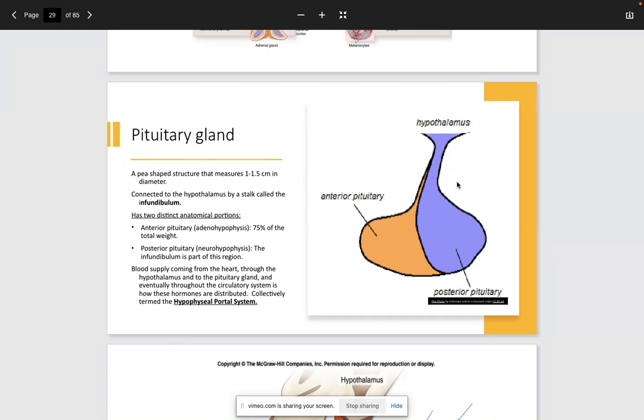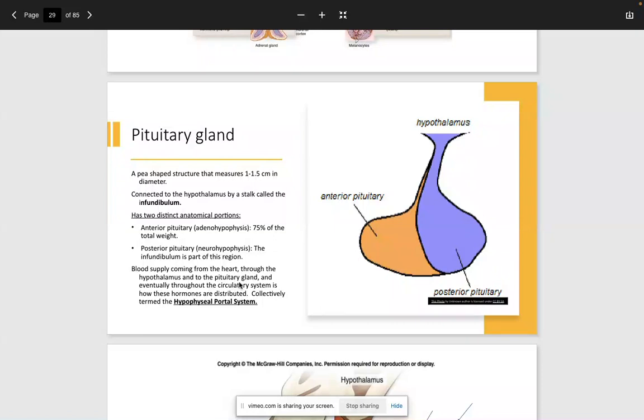This little stalk right here is called the infundibulum, and this is what connects the hypothalamus to the anterior and posterior portions. I said that 75% of the total weight is in the anterior portion. The infundibulum is part of the posterior pituitary portion. This hypophyseal portal system is the blood supply coming from the heart. This is eventually how hormones are going to be distributed.